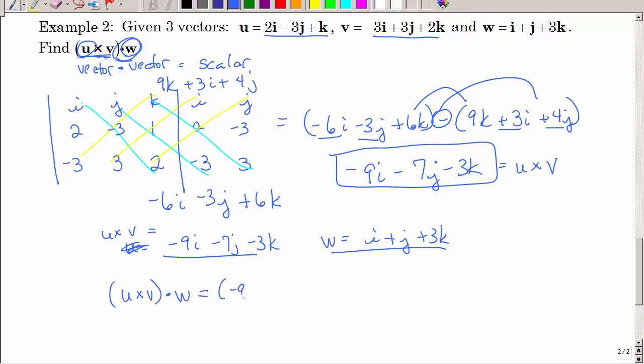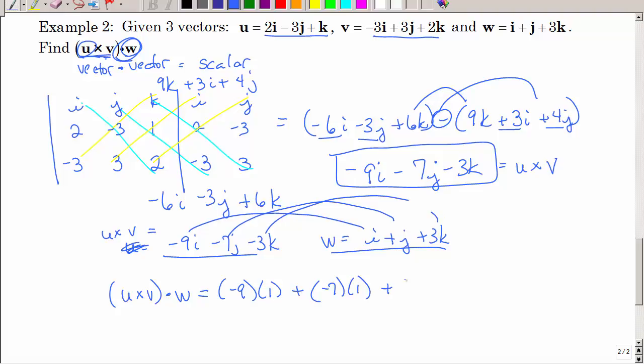Remember, we're going to multiply the i components, and then we're going to add the product of the j components, and add the product of the k components. And just adding that together, we get the number negative 25, which is indeed a scalar because I had a dot product.